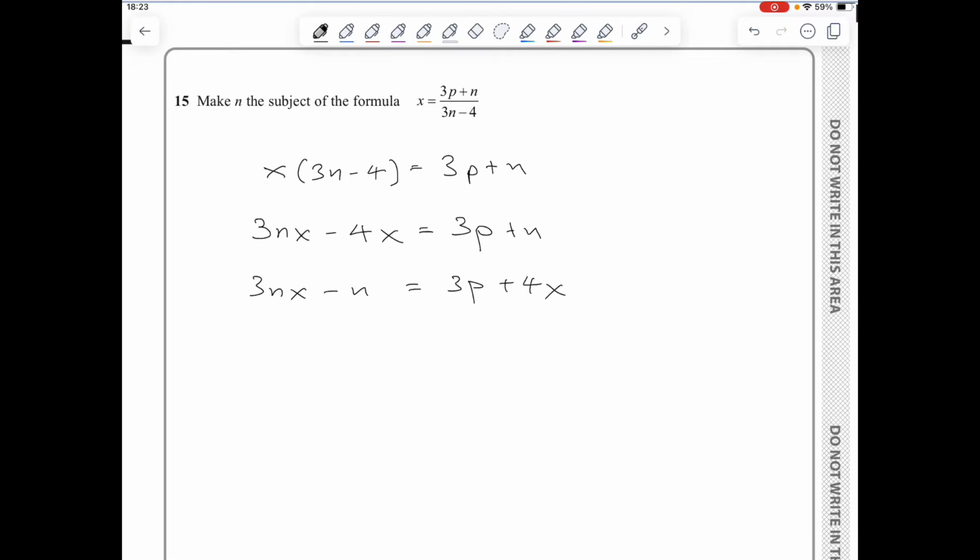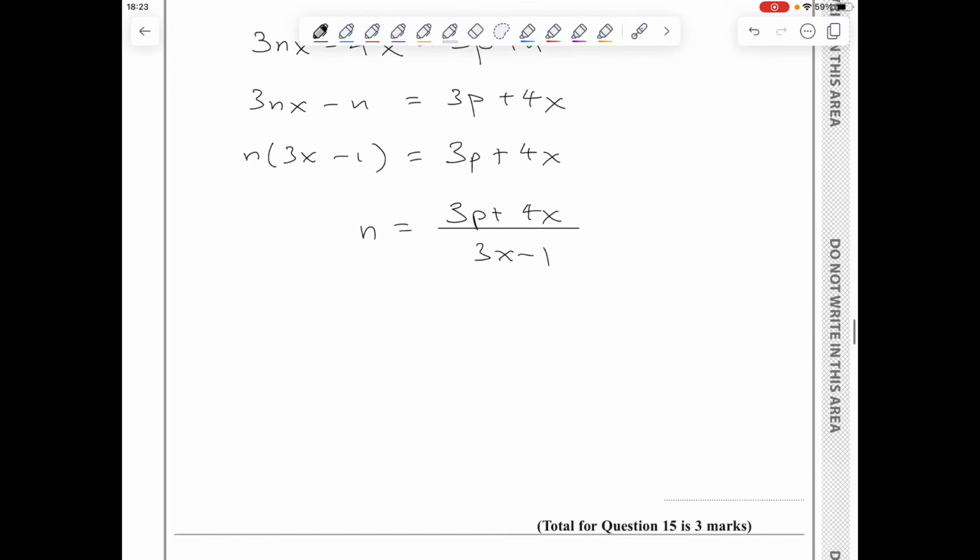And the reason for that is so that I can take n as a common factor on the left hand side. Right hand side will stay the same. So finally, n is equal to the right hand side divided by that bracket, which is 3x minus 1, and that is my final answer.